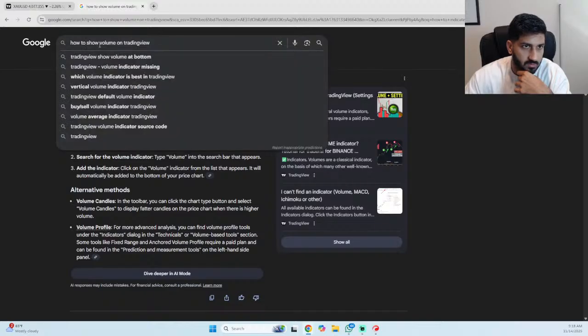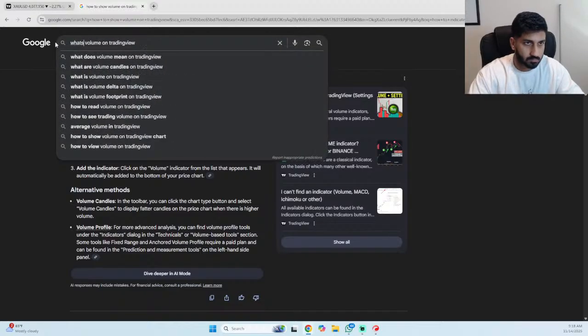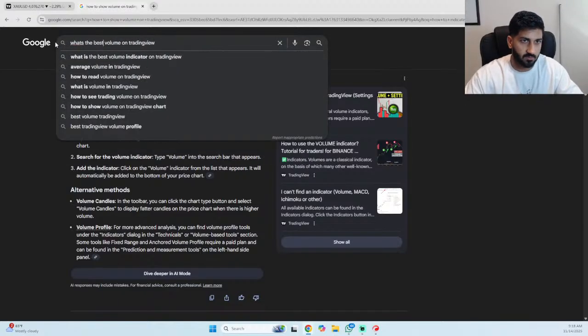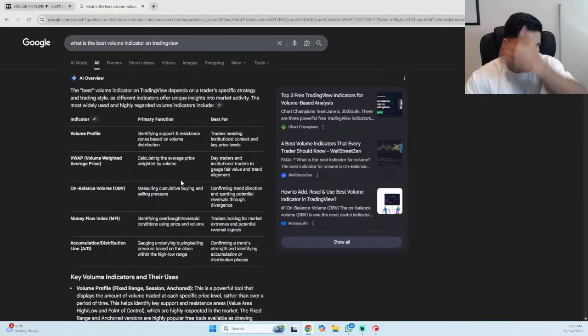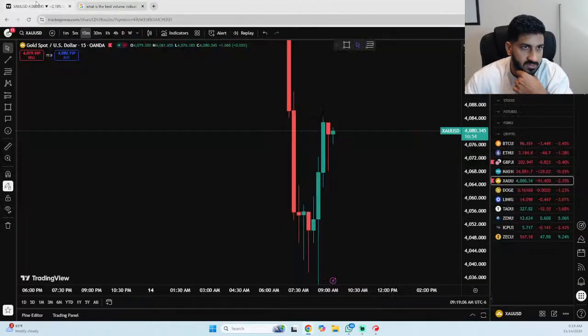What's the best volume indicator on TradingView? Volume profile, best for traders needing institutional context and key price levels. VWAP, volume weighted average price.